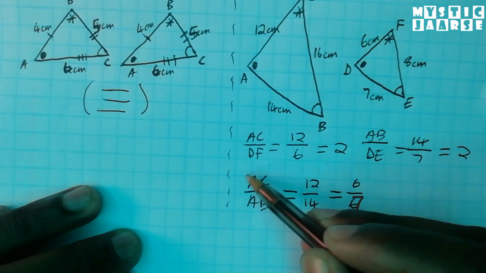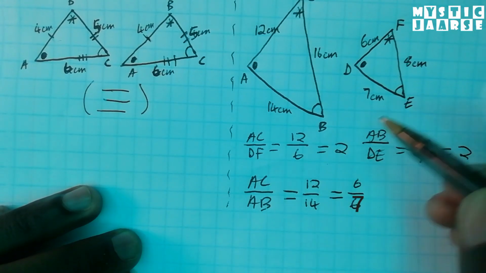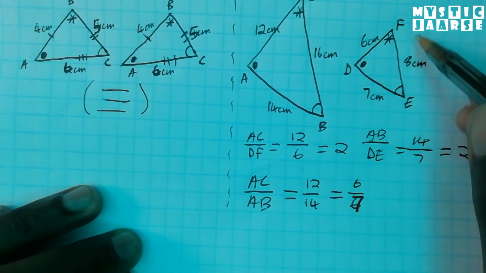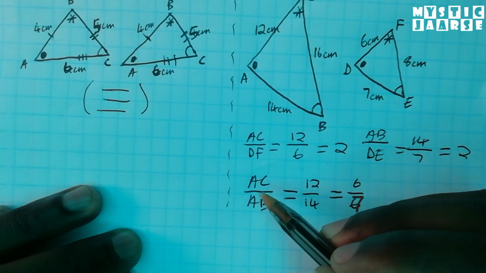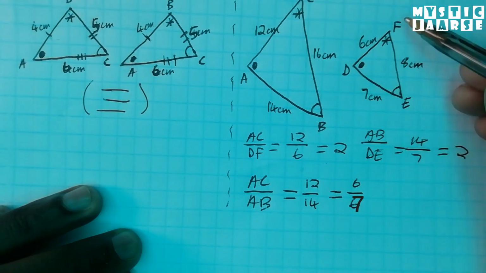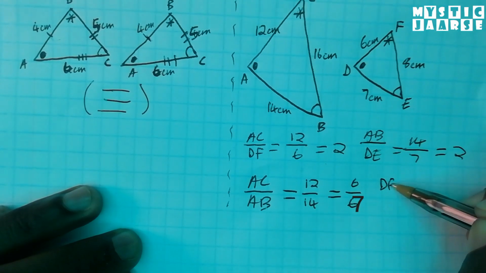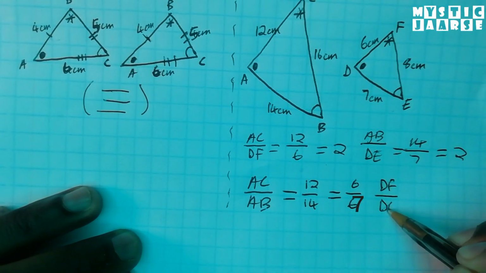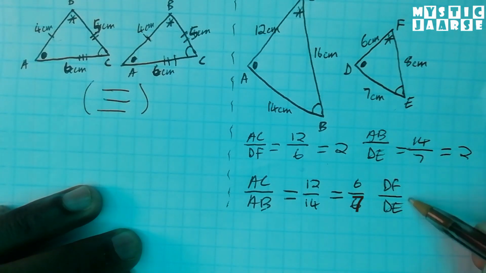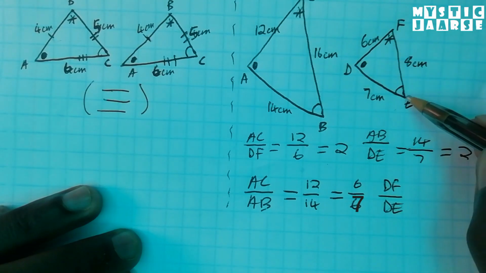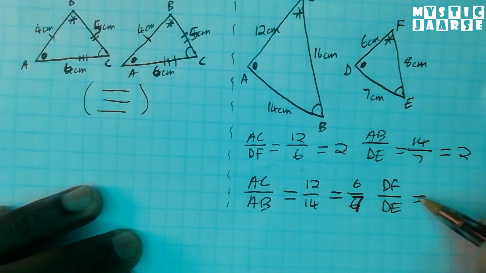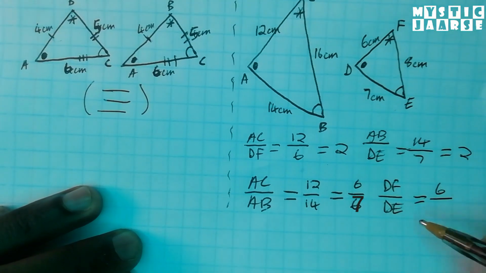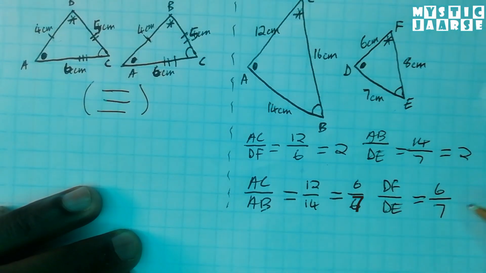Now in this pattern, we need to take the corresponding sides of this triangle, meaning for AC we will take DF, and for AB we will take DE. Now we are trying to see the ratio between the two sides of this triangle. So we have DF is 6 centimeters divided by DE is 7 centimeters.